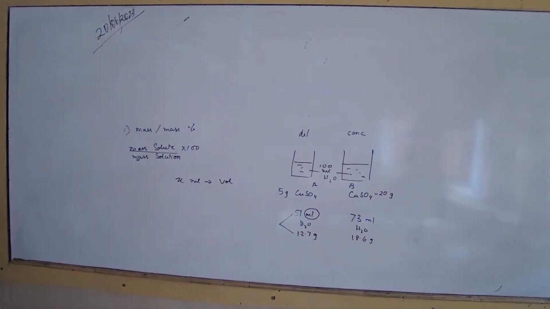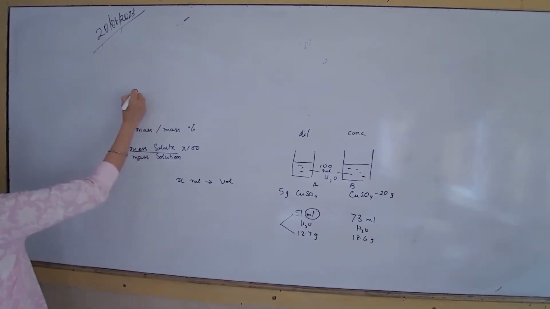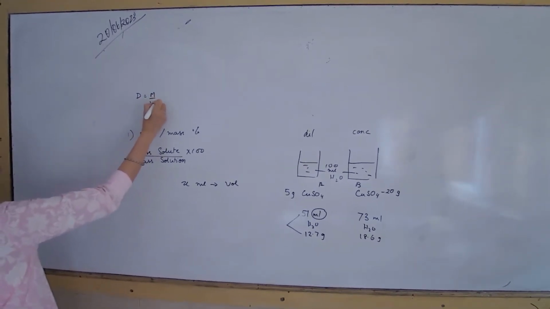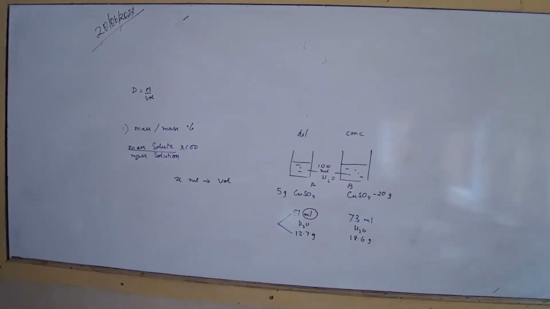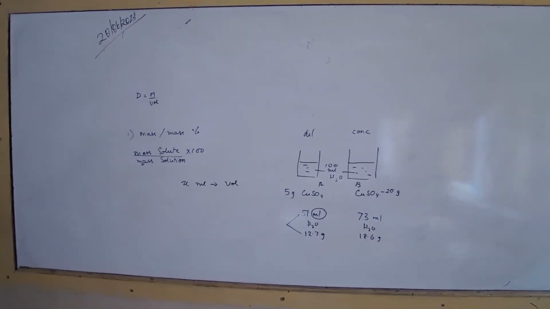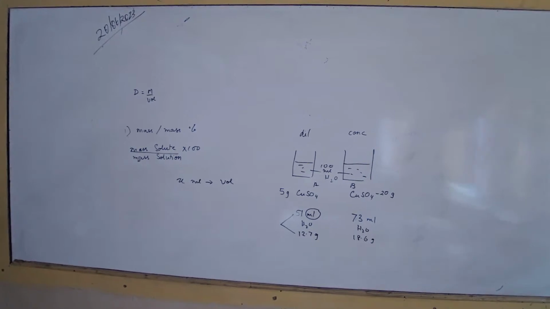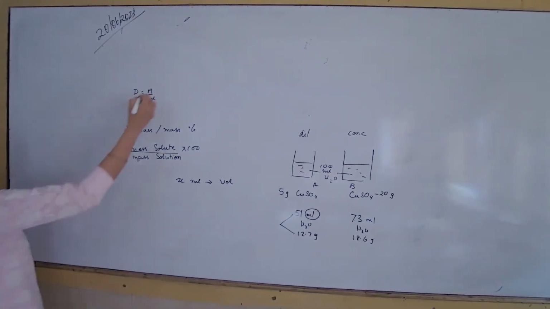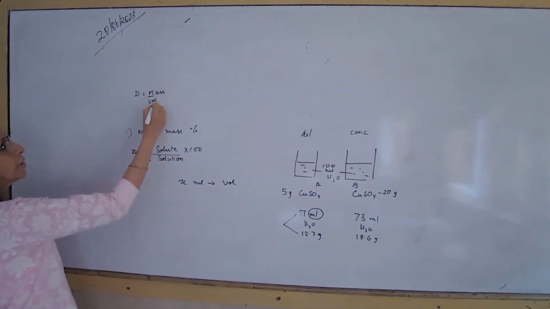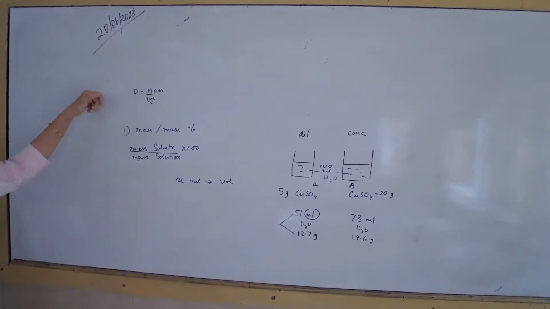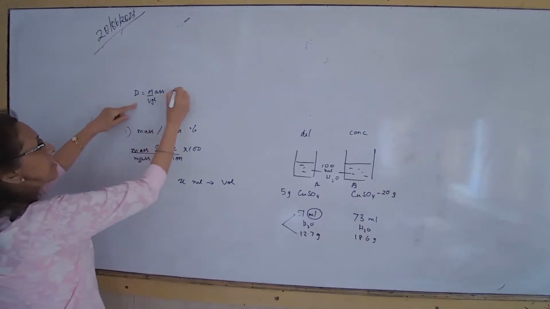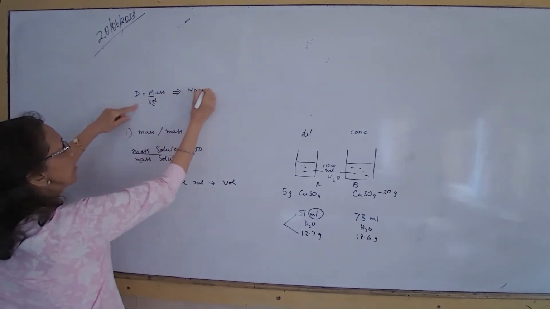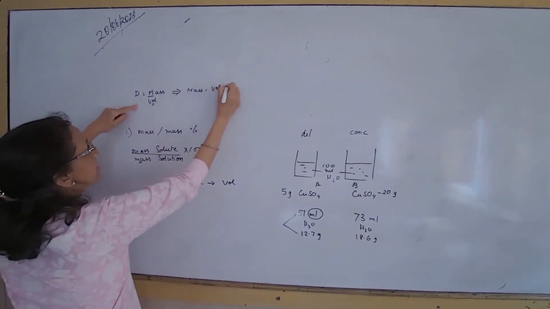Think. Are you familiar with this formula? Density is equal to mass upon volume. Do you know that? Density is equal to mass upon volume. So from here you can easily make out, if I want to calculate mass, what will I do? So from this equation you will understand mass is equal to volume times density.